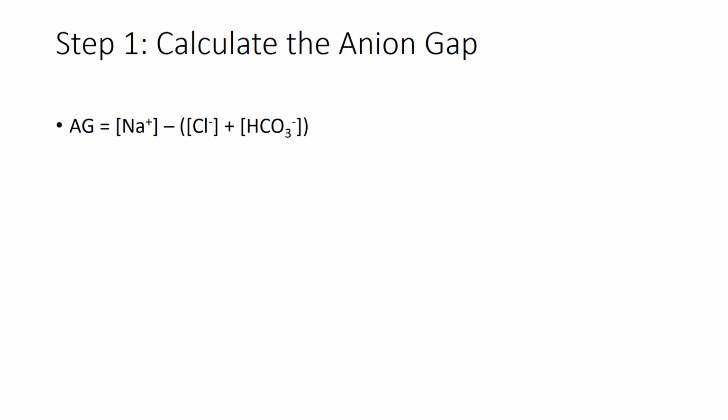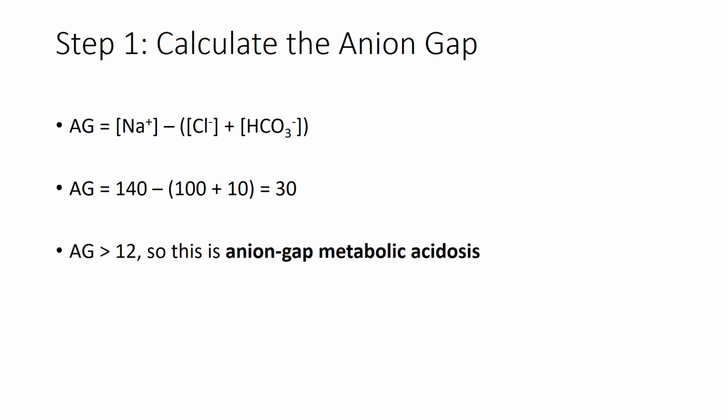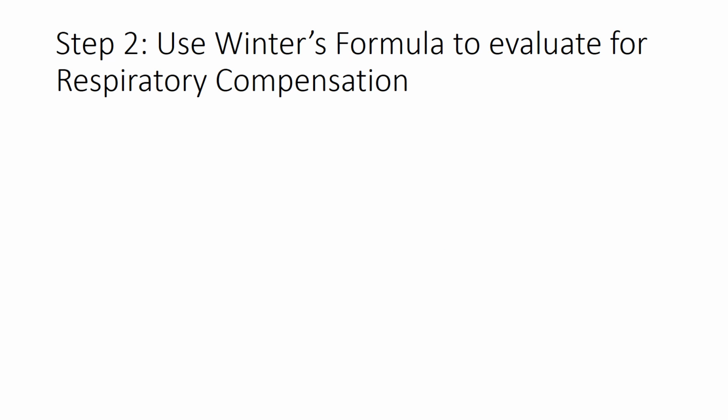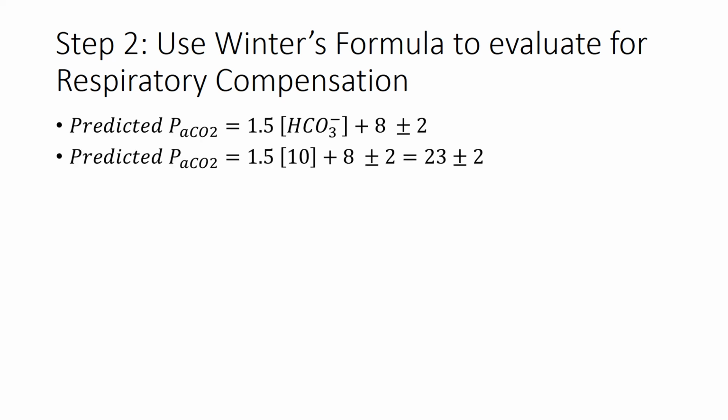We calculate the anion gap. Here it's 140 minus 110, which is 30. Again, it's greater than 12, so this is an anion gap metabolic acidosis. The second step is to use Winter's formula to evaluate for respiratory compensation. Our predicted PaCO2 will equal 1.5 times 10, the concentration of bicarb, plus 8, plus or minus 2.